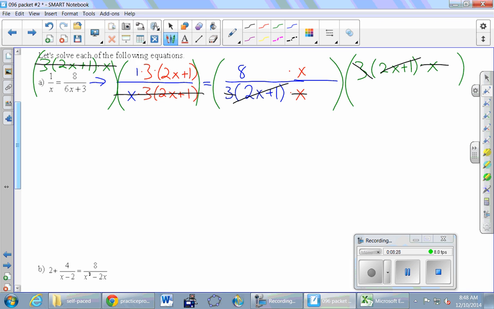And so if we write down what's left, we'll have a much simpler equation that has no more denominators. So 1 times 3 times 2x plus 1. That was what was upstairs, mostly in red. What's the next symbol I'm going to write? Equals. If it was an equation before, it's still an equation. And the only thing on the right-hand side is 8x.